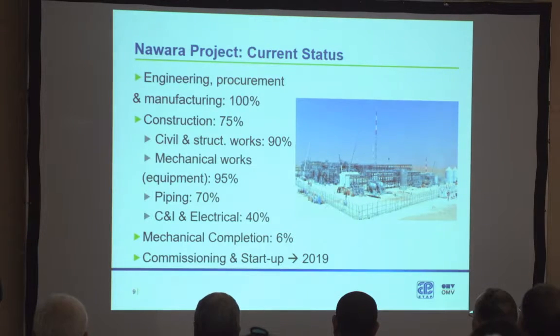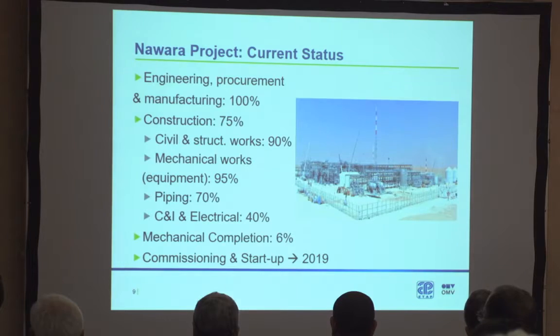So now the main activities we are focusing on are the piping, linking the different equipment with a progress of 70%, and the cables, the control cables, the electrical cables, which is also the main activity during the upcoming months. So it's a progress of 40%.